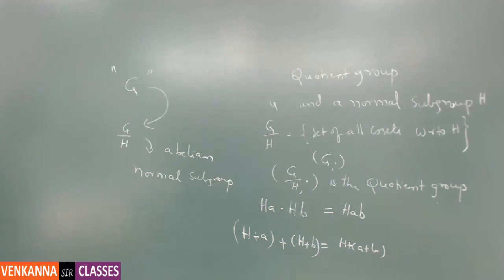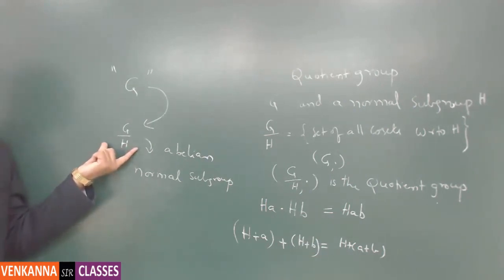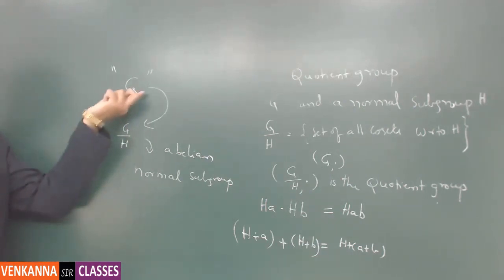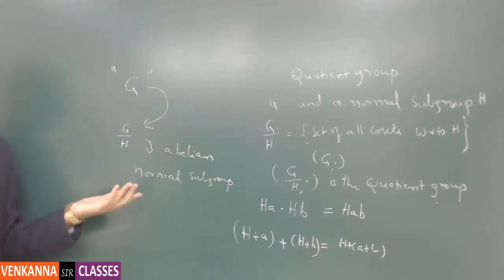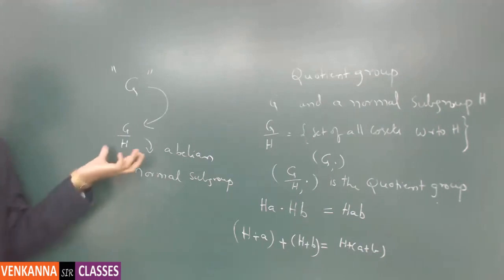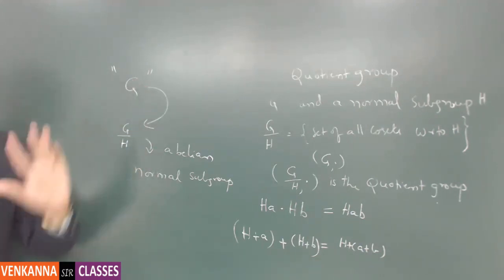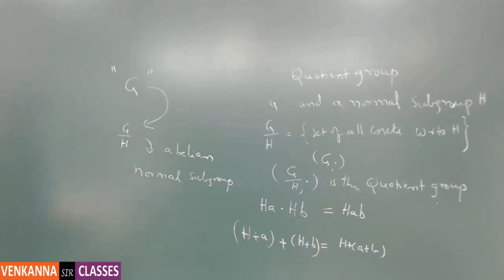Another important thing is, if G by H is abelian, G need not be abelian. You can take the counterexample with matrices. That is one interesting property.